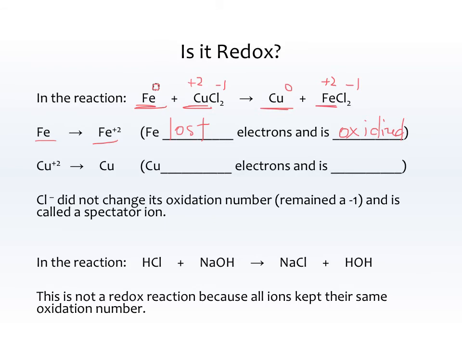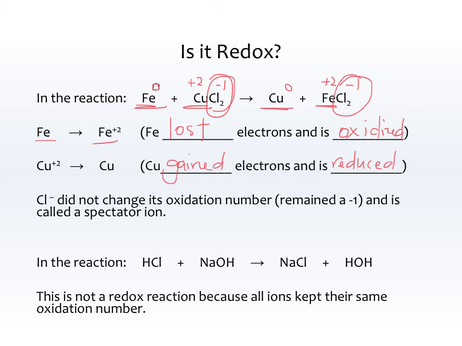It's going down because it gained electrons, and so it's reduced. Notice that chlorine did not change its oxidation number. It remained a -1 on the left and on the right. So chlorine is called a spectator ion. It's not involved in the reaction at all.